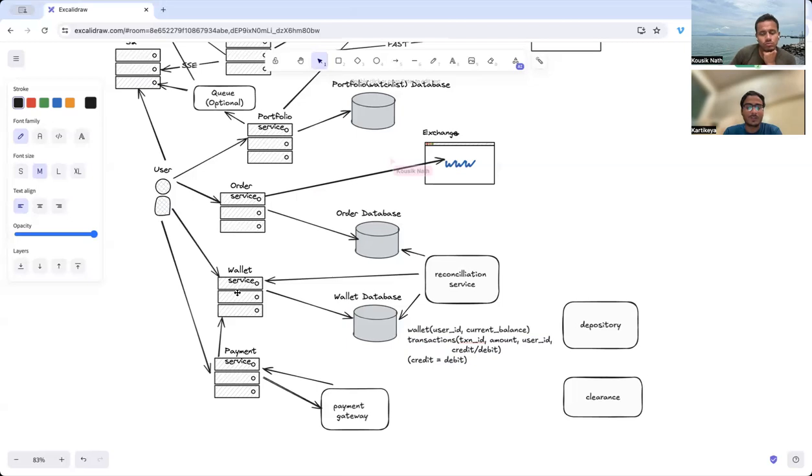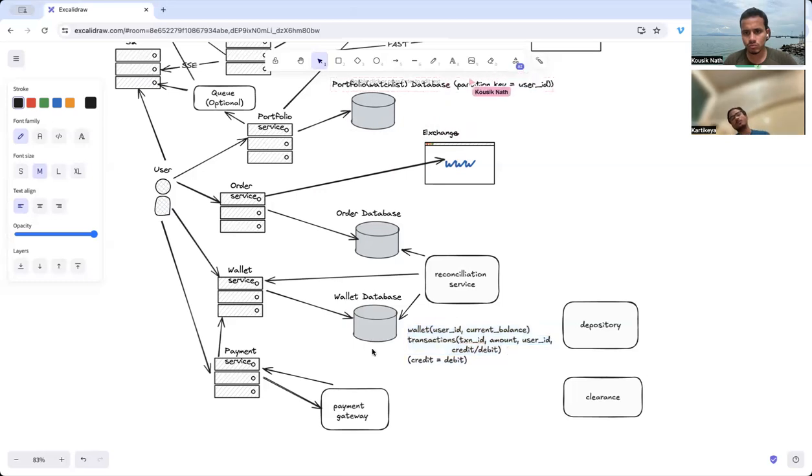Now, the wallet service has got the successful transaction. So it will call the wallet database, and these two tables will be updated. We will be adding one entry in the transaction table, and we will be updating the current balance in the wallet table. Of course, these two tables should be updated in a single transaction.